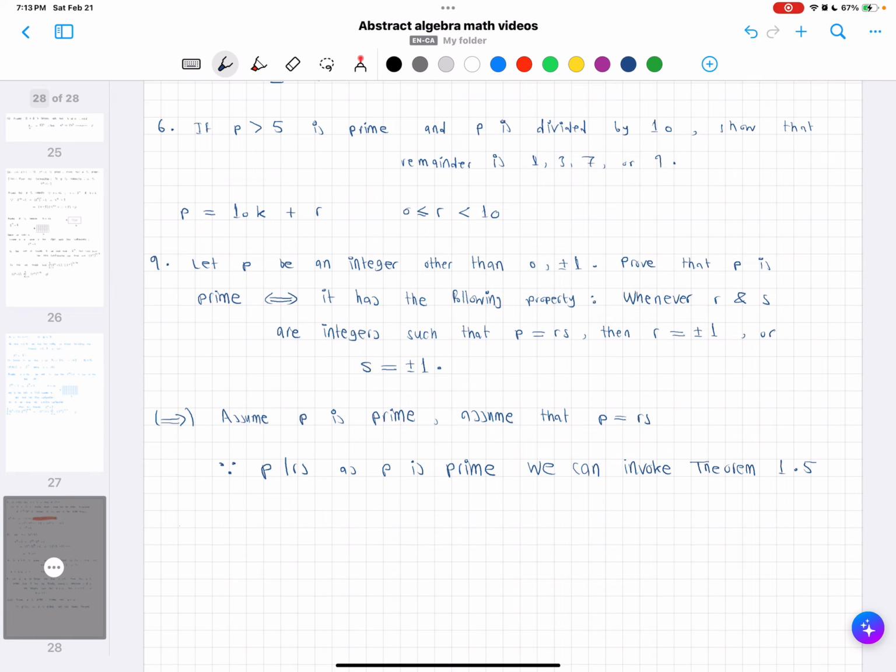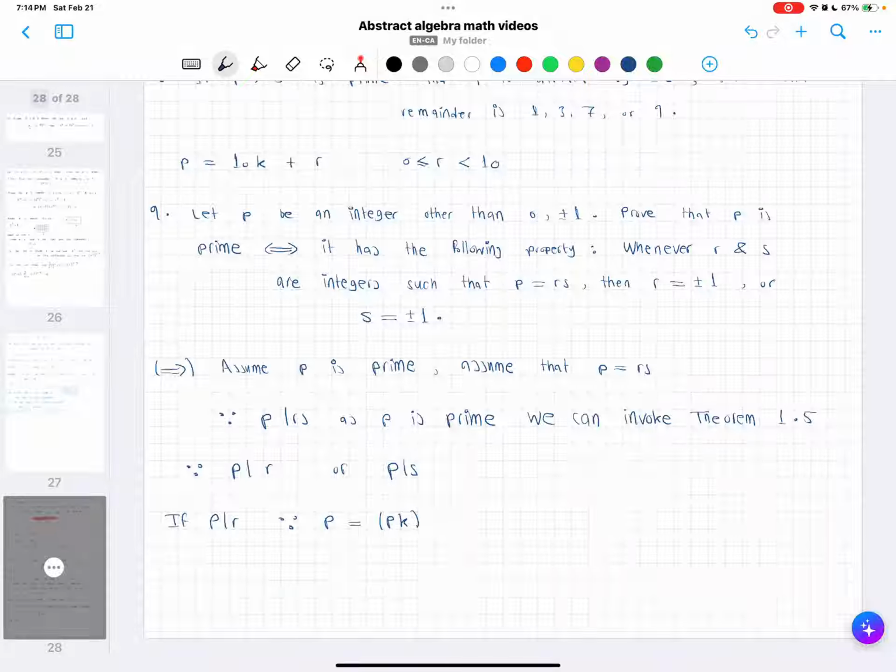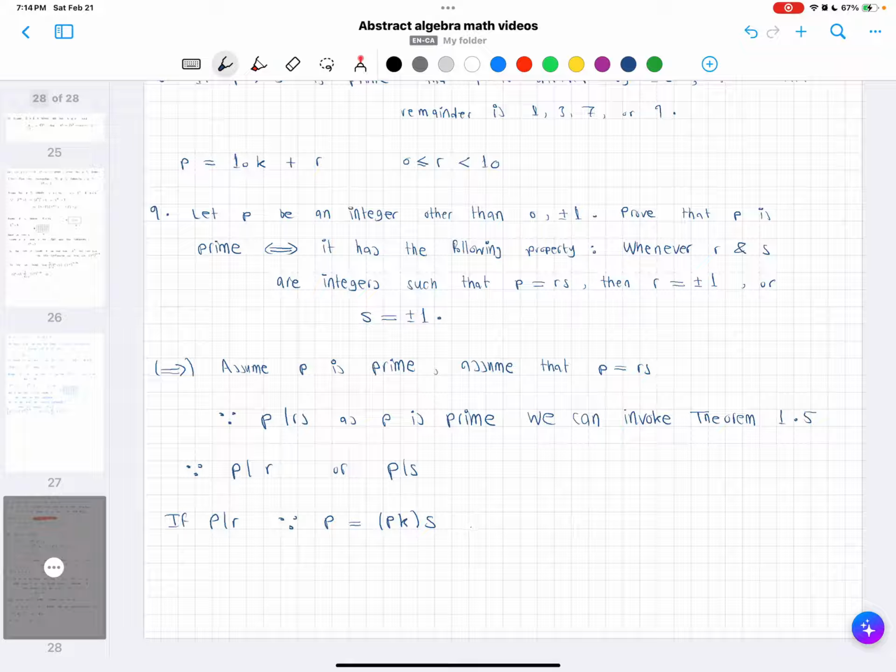So therefore P divides R or P divides S, and if P divides R, you can replace R by a multiple of P. So therefore P is equal to P times K times S, which means that K times S is equal to 1.